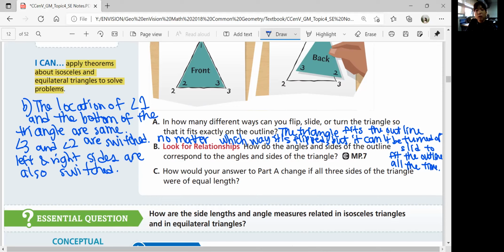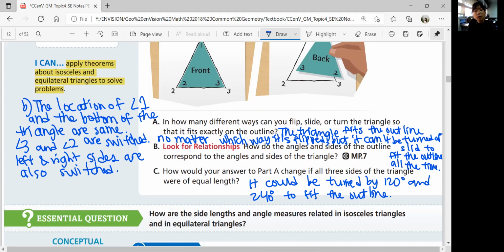It could be turned by 120 degrees and 240 degrees to fit the outline, and it could be flipped across 3 lines and still fit.